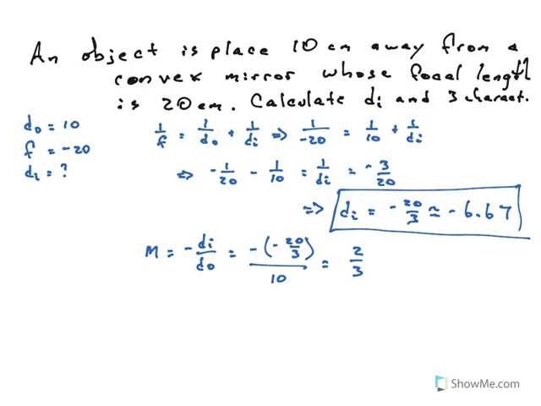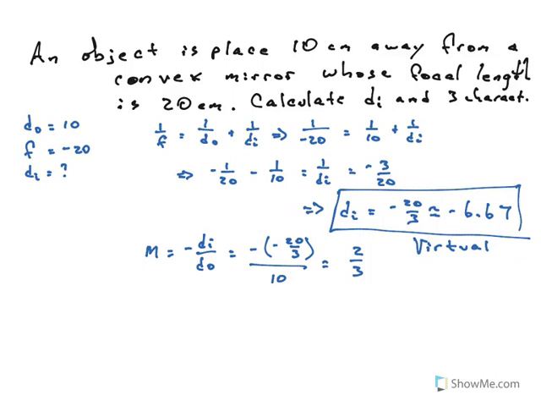All right. Now we have all the information we need. First answer, of course, di, we have that answer. It's negative 6.67. What about the characteristics? Well, the image distance is negative. Since the image distance is negative, I know this is a virtual image. Next, I look at the magnification.